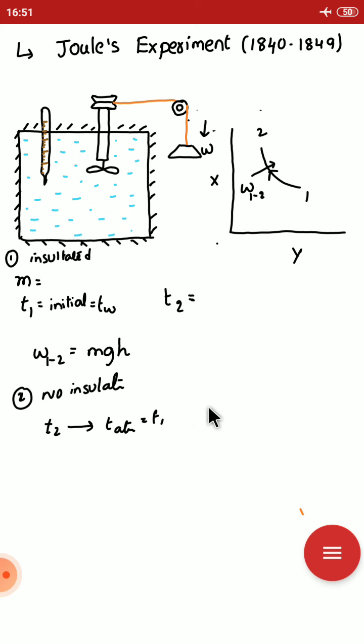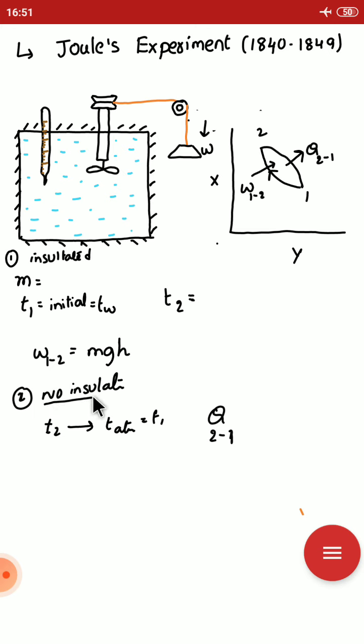At T1, now the work is transferred in the 2 to 1 process until it reaches its original temperature. That means in 2 to 1, heat is transferred from the system to the surroundings.